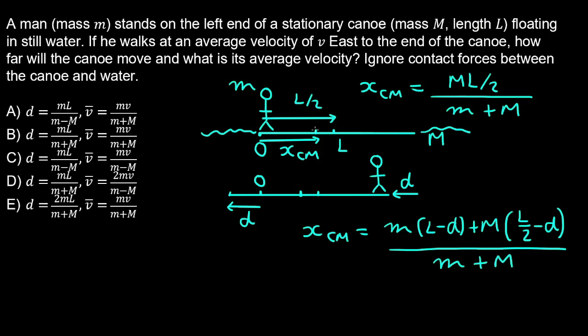So given the center of mass will not move, it has the same distance to the origin. So we can equate these two expressions while cancelling out the denominator. So we get mL on 2 is m times L minus d plus m times L on 2 minus d.